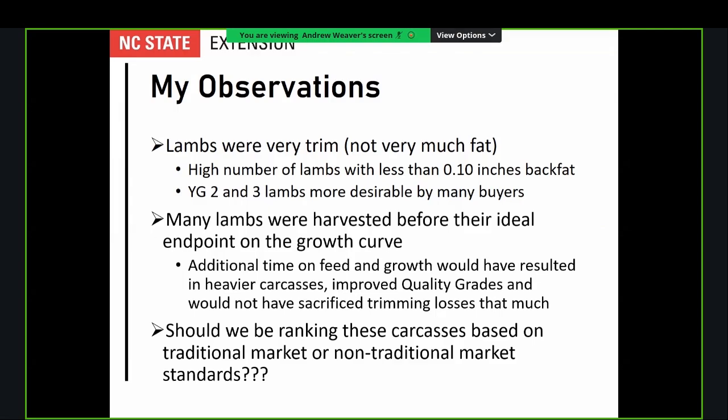So raw ribeye area alone has to be evaluated relative to carcass weight. It cannot be looked at as just a single metric. If you have a very heavy muscled animal with a large ribeye area and a lighter carcass weight, or lighter than expected, then to me that's a higher cutability, higher carcass merit animal, because at an equivalent carcass weight, it has greater than expected muscling for that weight.